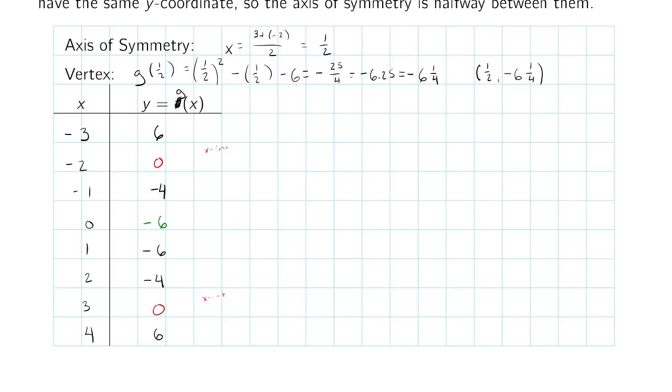Okay, so looking at my coordinates here, I'm going to want my x-axis to go from -3 up to 4, and I need my y-axis to go down below -6. I think I'm going to give up on fitting these two points and draw my axes something like this.